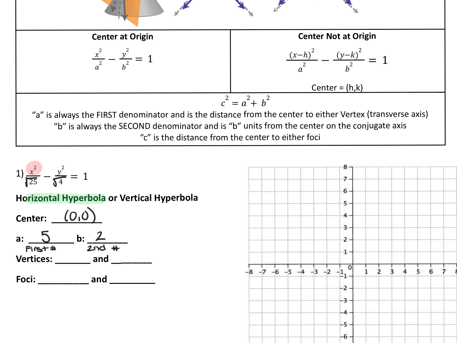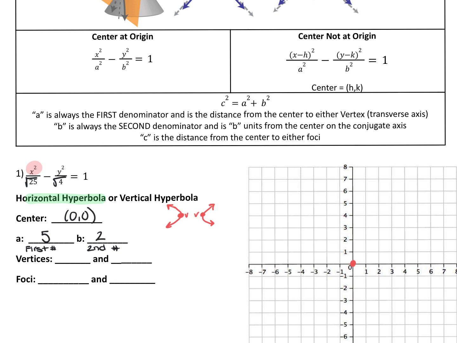So let's go ahead and plot the information that we have. We have a center of 0, 0. And we know a horizontal hyperbola is two branches that open left and right. And the vertices are always the points of the vertex of the so-called parabola.